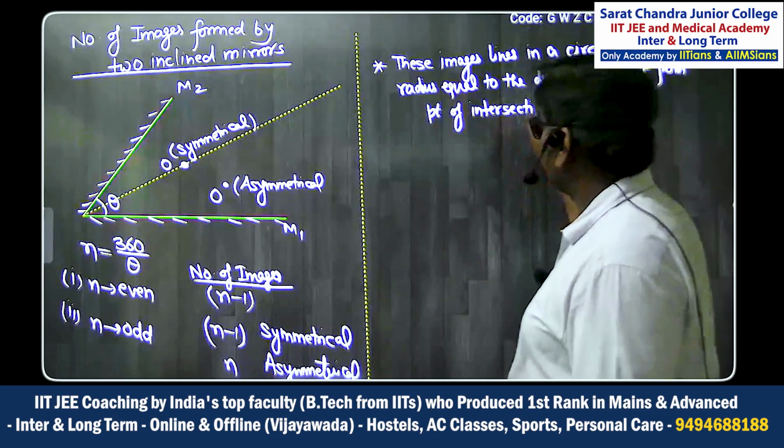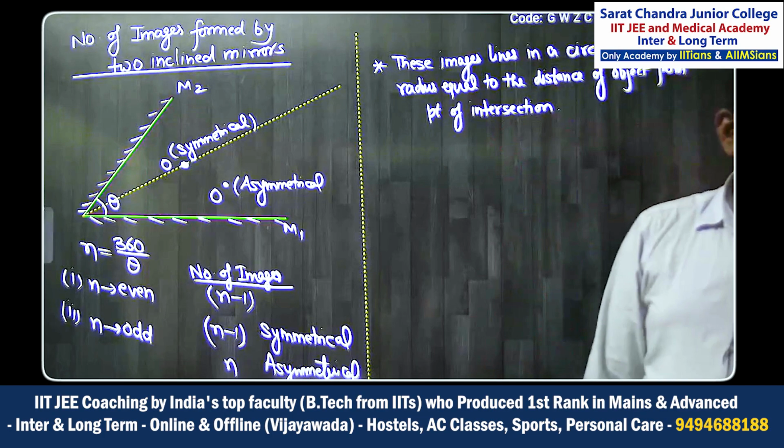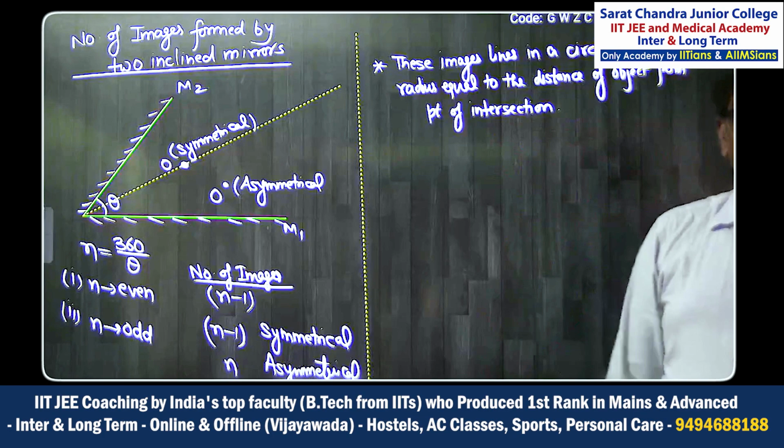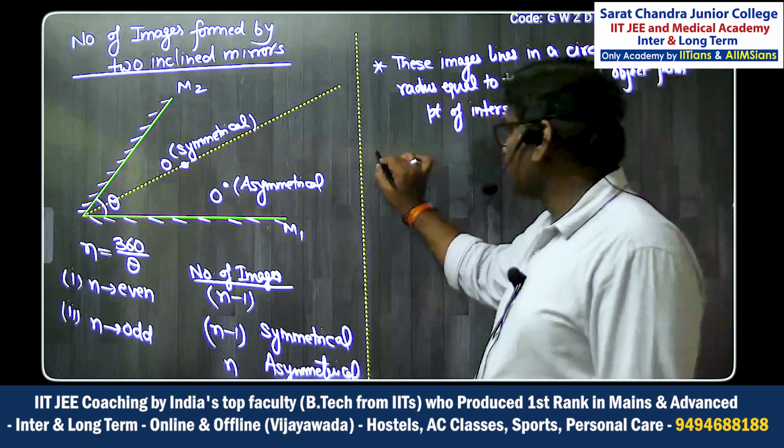This is the most important point, and it will give you a very easy way to draw the position of the images. Just for example, let's try to understand this by one example.